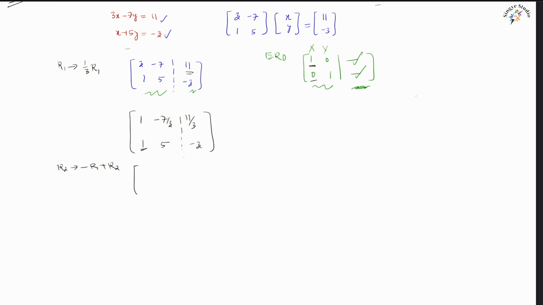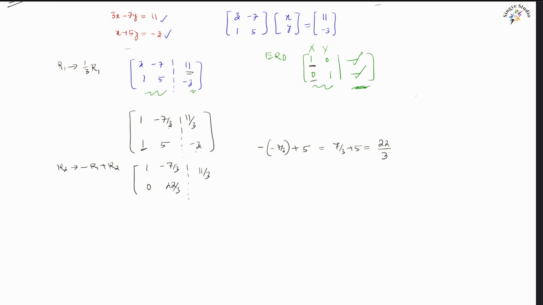So we'll get 1, -7 by 3, 11 by 3, and row 2 will change to -1 plus 1, which is 0. And we also have negative of -7 by 3 plus 5, so it will be 7 by 3 plus 5. So 15 plus 7 is 22, so it will be 22 upon 3.